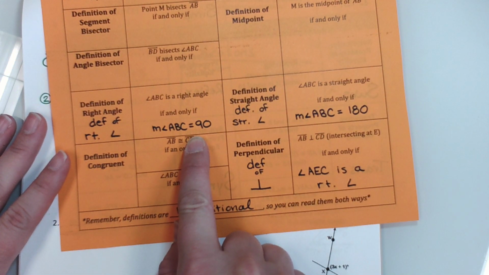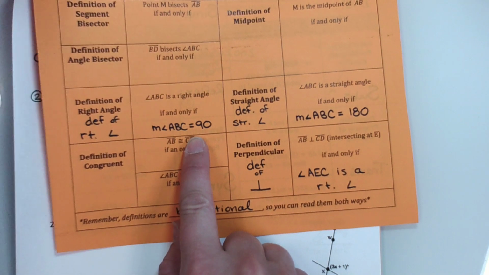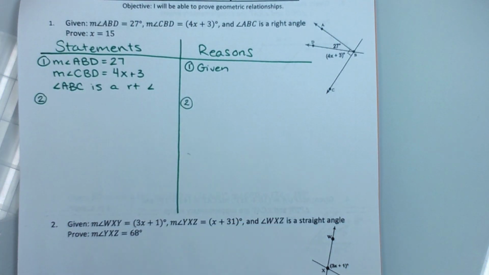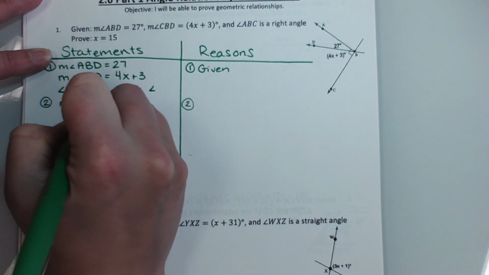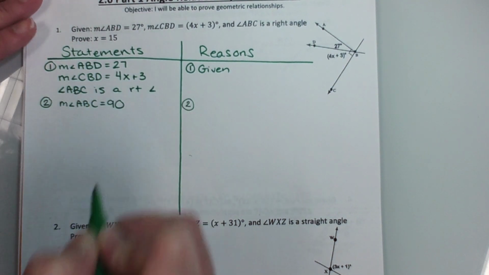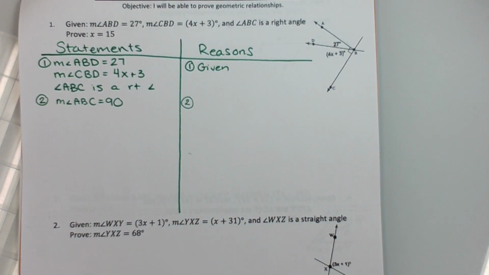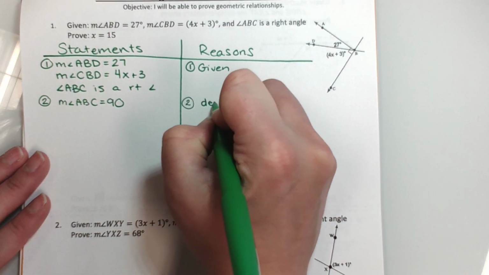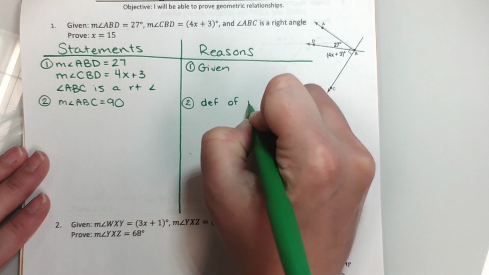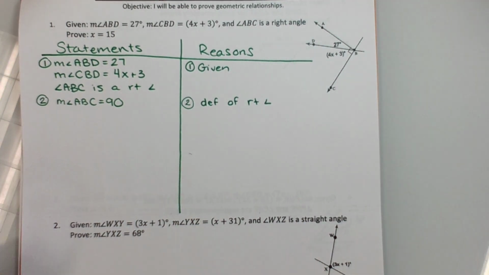Now, you probably didn't need to look at your orange sheet to know that, but that's the process you go through. So I can say measure of angle ABC is equal to 90, but it has to be its own step. Reason we knew that? It was the definition of being a right angle.